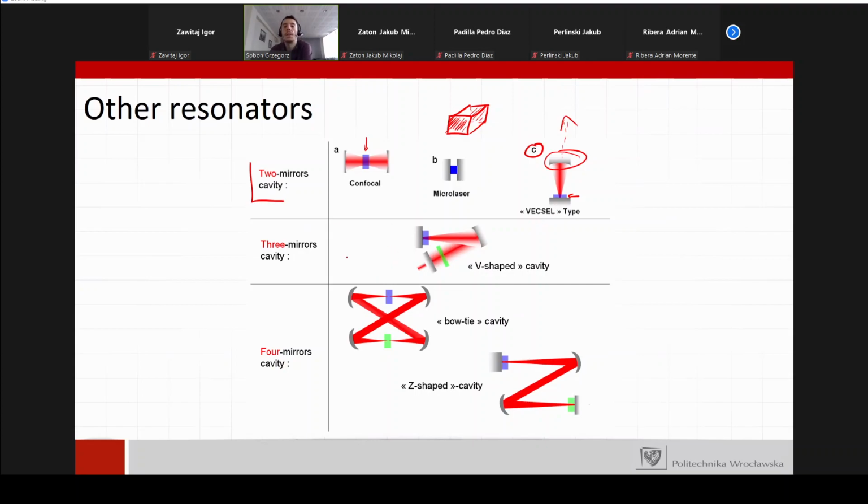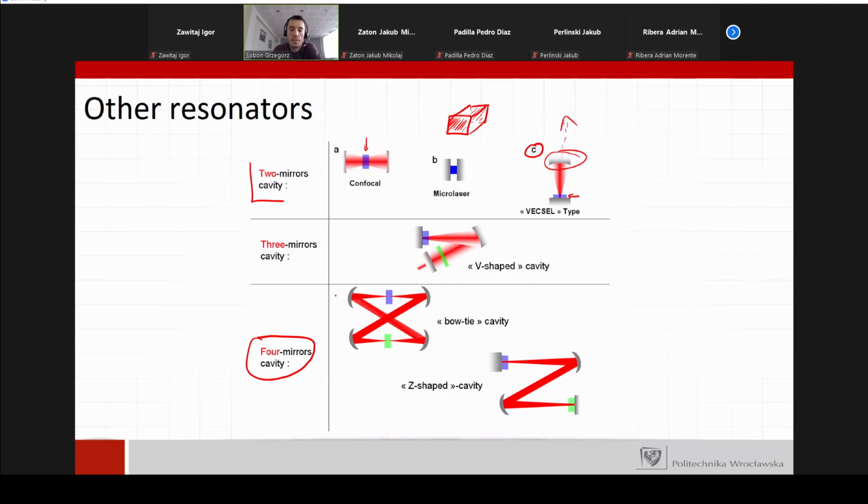But if we need some more functionality of our resonators, so for example, we need more than one focal point in our cavity, more than one waist of the beam, then we need to arrange lasers with more mirrors. So for example, 4 cavity mirrors give us the possibility to have 2 waists of the laser beam inside the resonator.